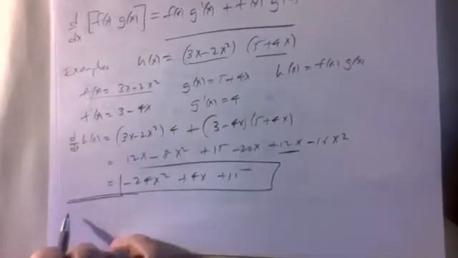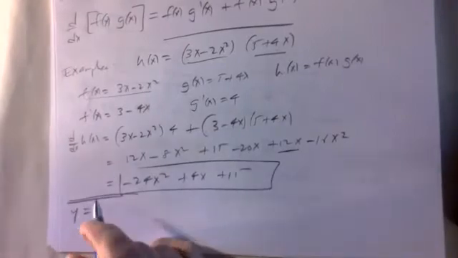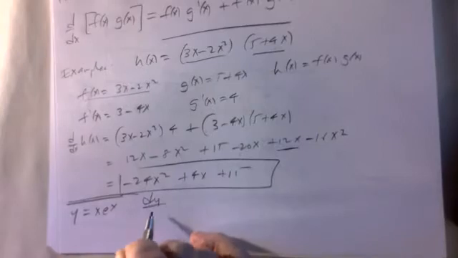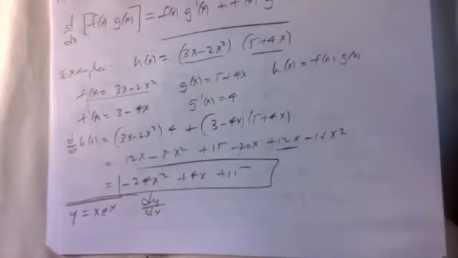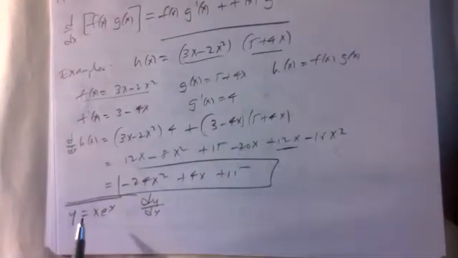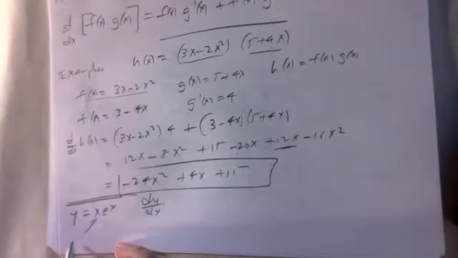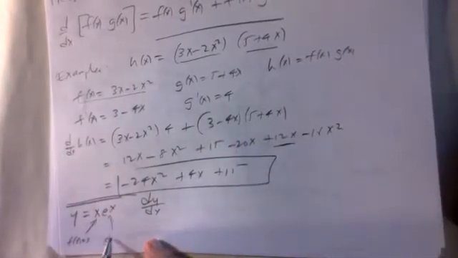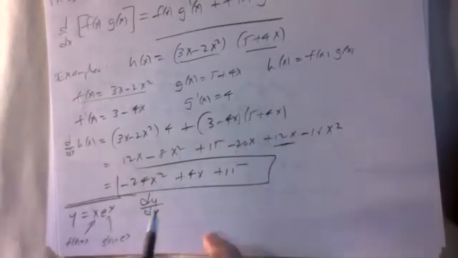Suppose y is x e to the x, and we want to find dy dx. So again, you can look at this as a product. It's like you have f of x equal x and g of x equal e to the x.